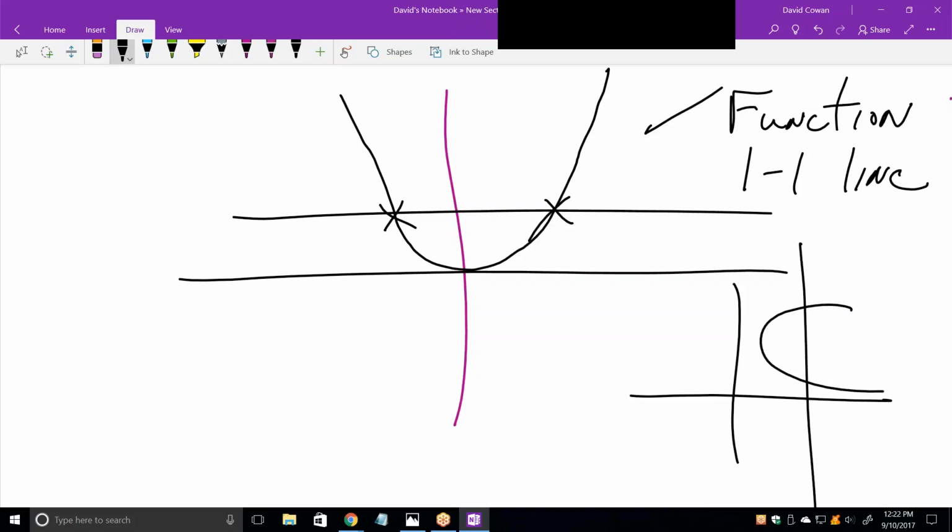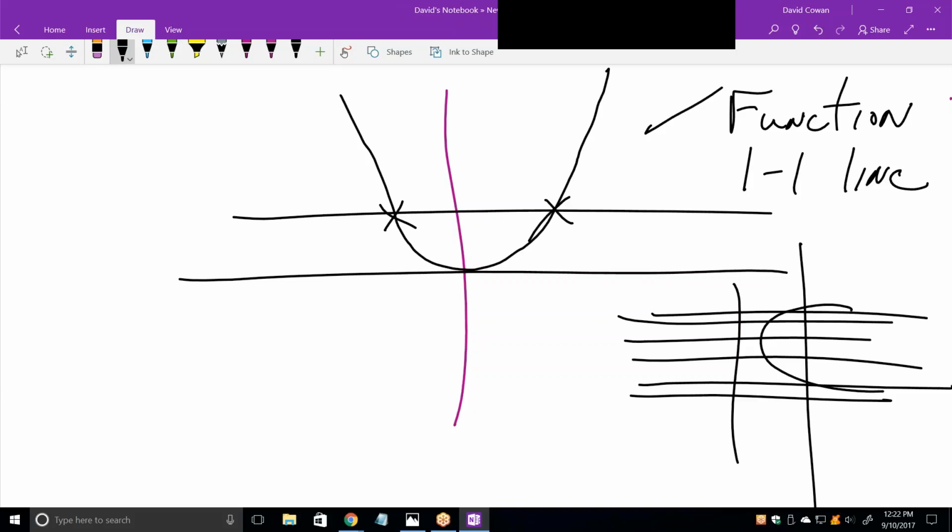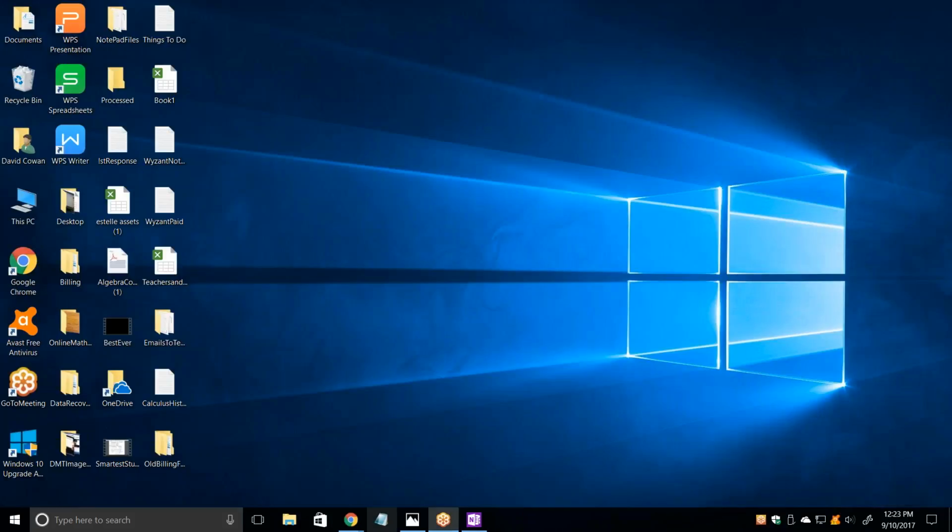If I pass a vertical line test, it fails. And if something is not a function, it can't be a one-to-one function. So even though this passes the horizontal line test, it's not a one-to-one function because it's not a function in the first place.